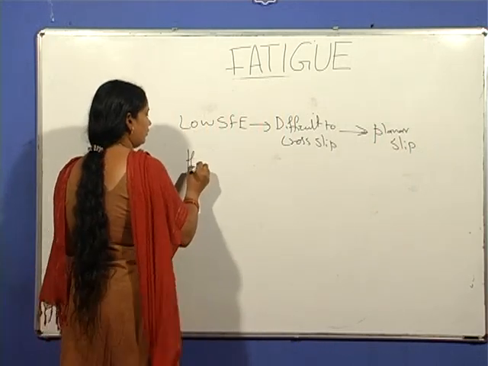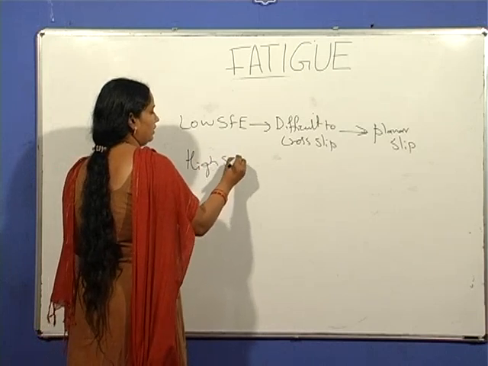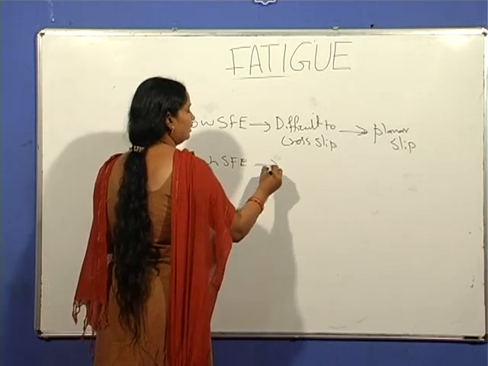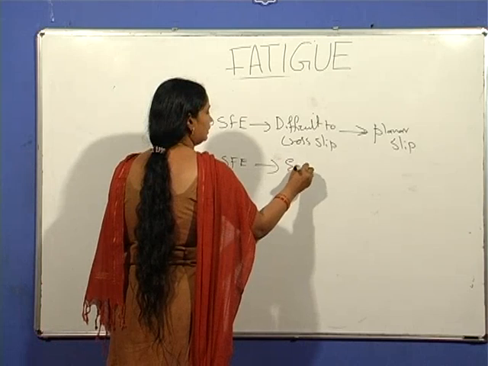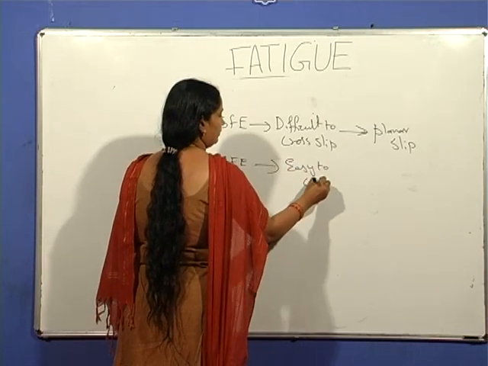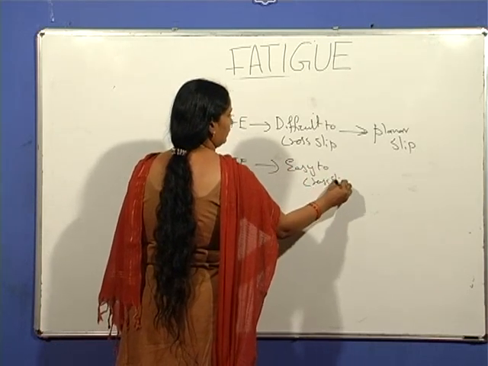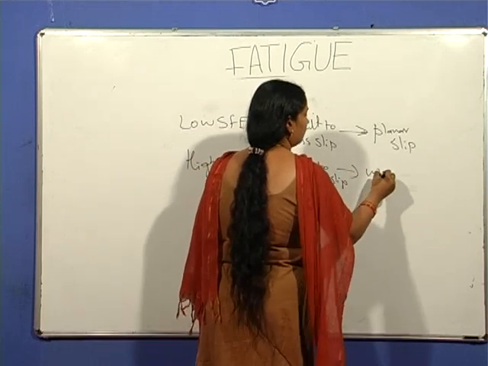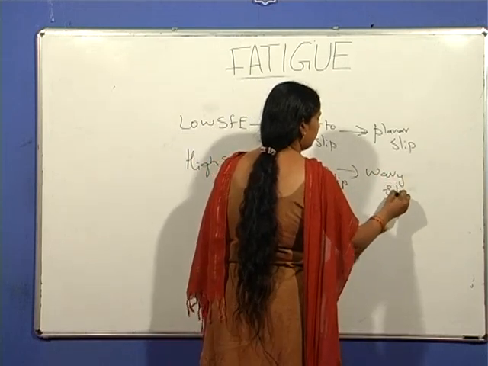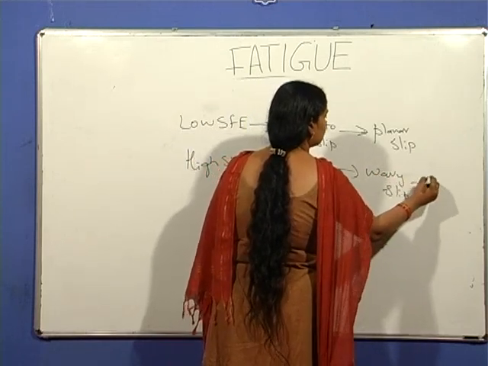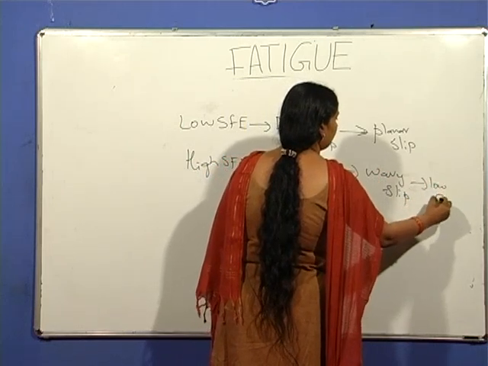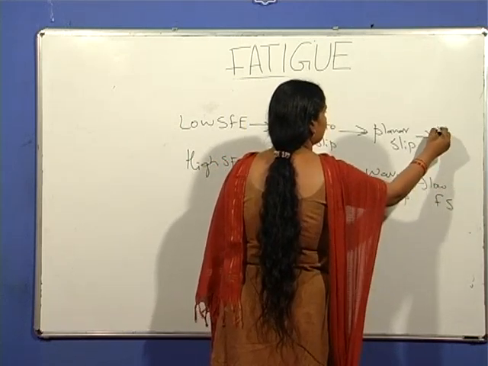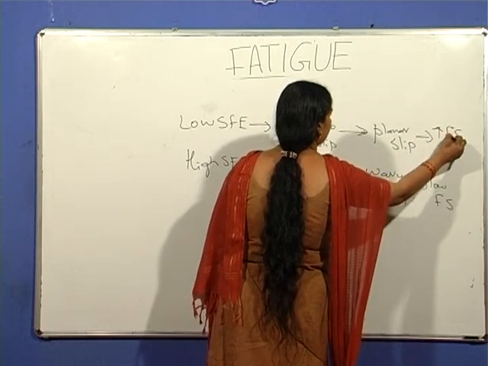And for high stacking fault energy metals, it is easy to cross slip and they undergo wavy slip, which lowers the fatigue strength, whereas planar slip increases the fatigue strength.